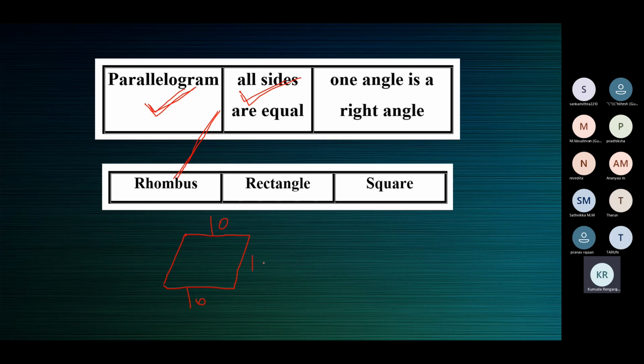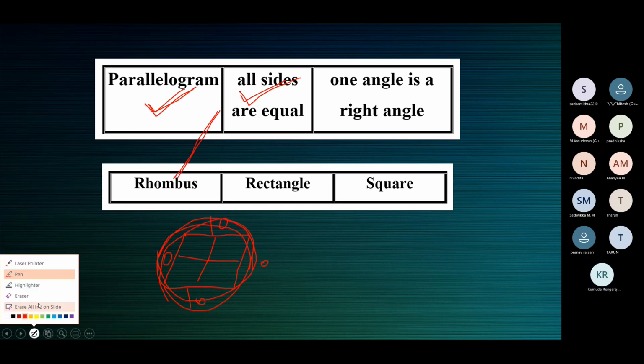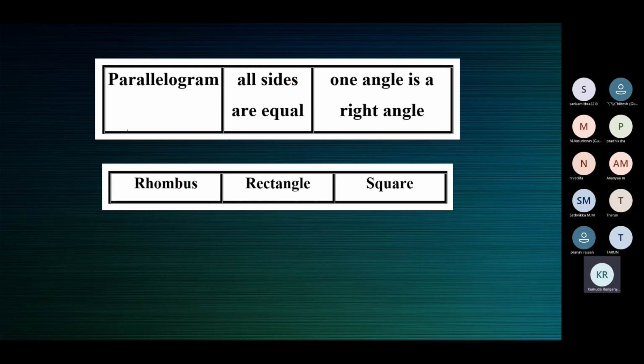That also means opposite sides are equal. See here, are the opposite sides equal? Opposite sides are equal. It's a parallelogram. All sides, not only opposite sides, all sides are equal. So it's a rhombus. A rhombus is a parallelogram in which all sides are equal. That's the definition of a rhombus.